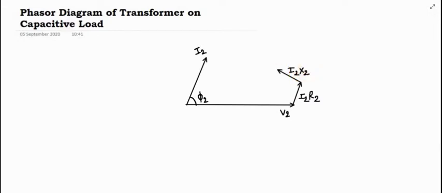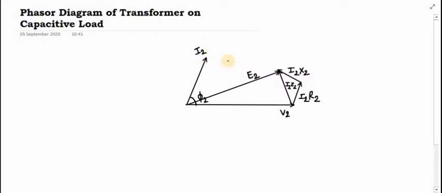Vector addition of my I2 R2 and I2 X2 is nothing but I2 Z2. This is your I2 Z2. Right? And the vector sum of I2 Z2 and V2 is nothing but the mutual induced EMF in the secondary when it is connected across the capacitive load.